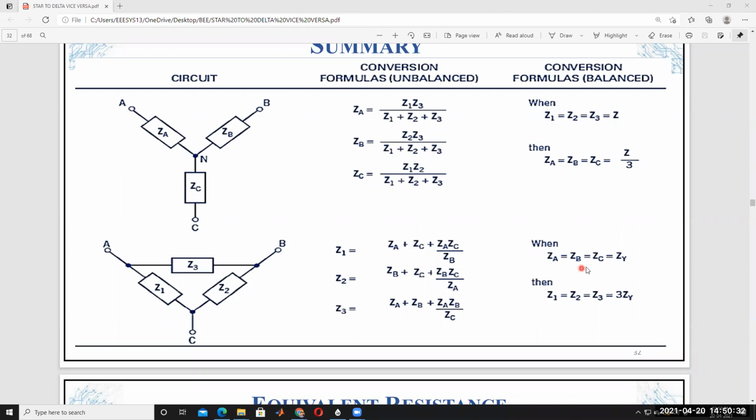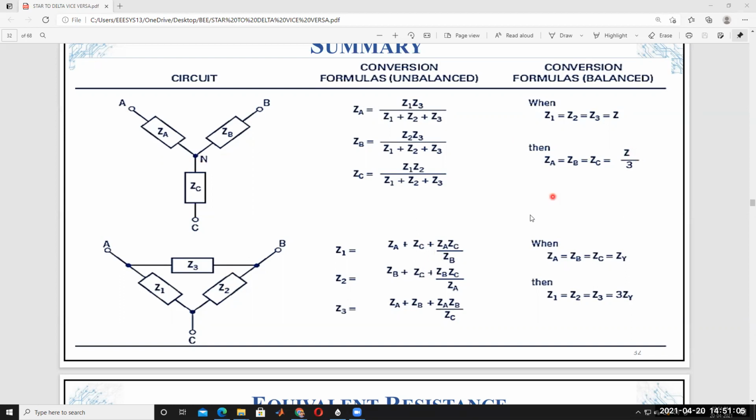Then if ZA is equal to ZB is equal to ZC is equal to ZY, you will get Z1 equal to Z2 equal to Z3 equal to 3ZY. So we'll get three terms of impedance, three terms of resistance. If all resistors are equal, in star to delta conversion the equivalent resistance is Z by 3 or R by 3.